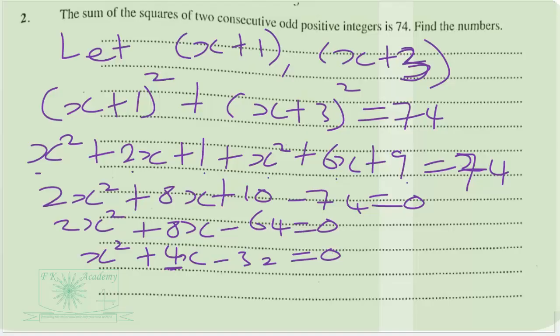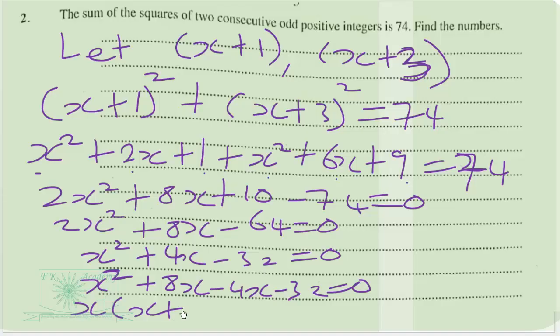So when we split the middle term, we have x squared plus 8x minus 4x minus 32 is equal to 0. So we have x into (x plus 8), then minus 4 into (x plus 8). So this is equal to 0.